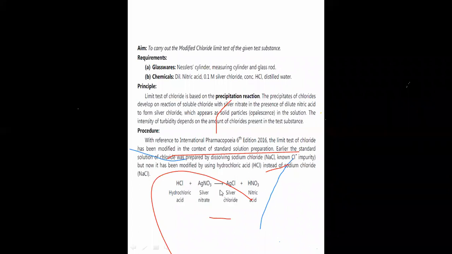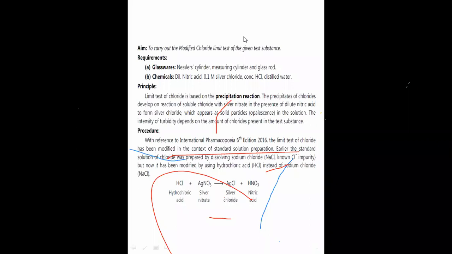See, when we did the limit test of chloride, at that time we saw the procedure of preparation of the standard solution of chloride ion. At that time, while preparing the standard solution of chloride ion, what did we use? We used sodium chloride as the compound for the preparation of the standard solution.